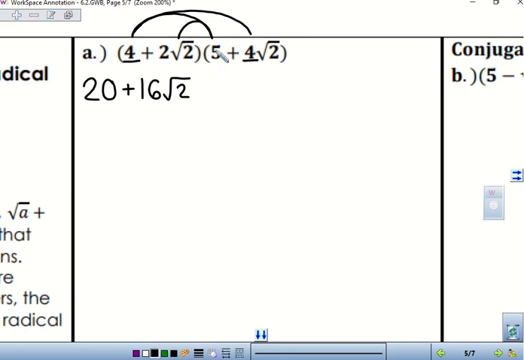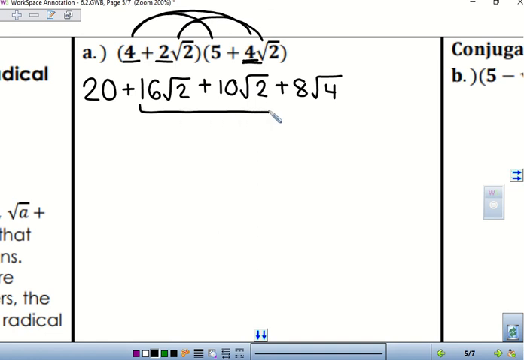And then this one's going to be 10 radical 2. And then the last one, I have to multiply the outside numbers together and under the radicals together. So you should end up with this after your first set of multiplication. Verify that. Now what you're going to notice is these middle terms are like terms, so you can go ahead and add those together, and you're going to get 26 radical 2.